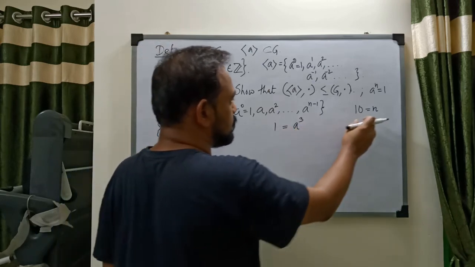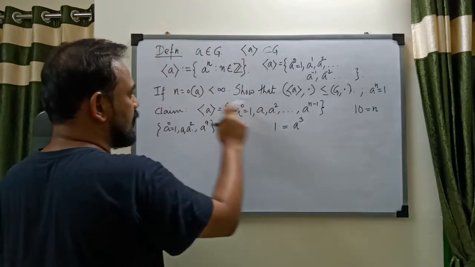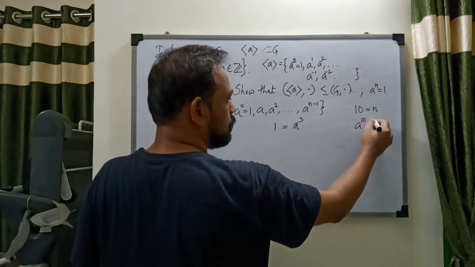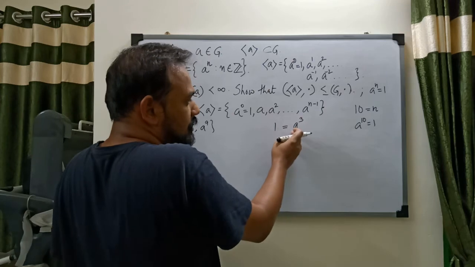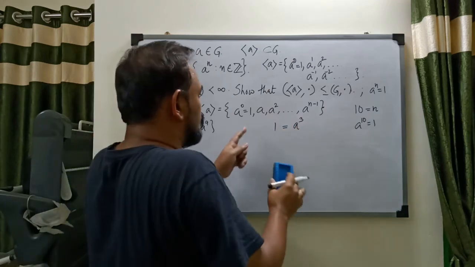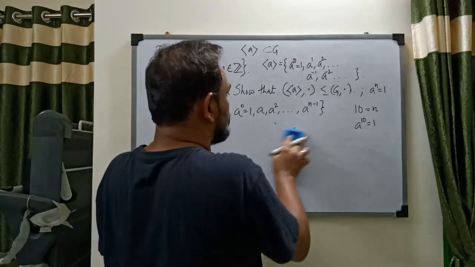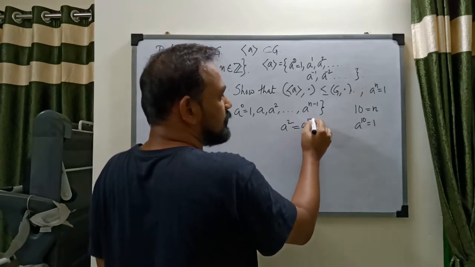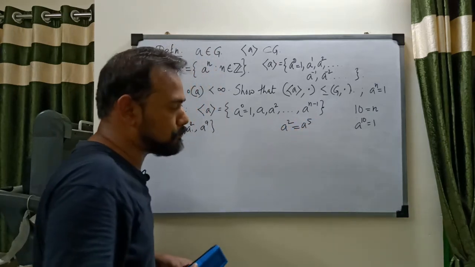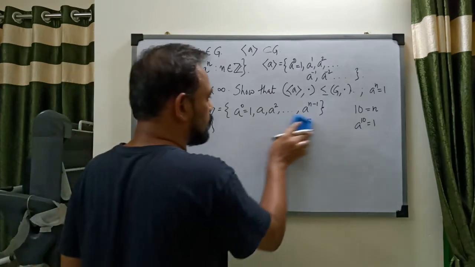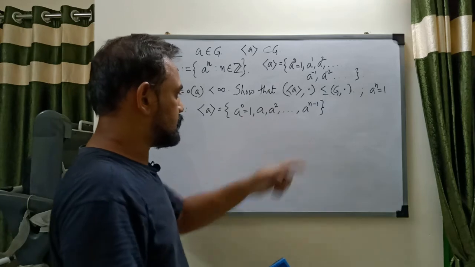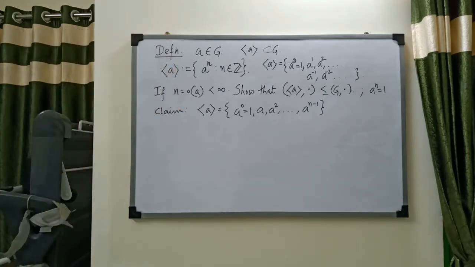But that's not possible because the order of a is 10. So this should be the minimum integer which gives me 1, but here I have 3 giving me 1, which is not possible. So saying that a square can be equal to a^5 is not possible because it gives me something absurd. So in general, these are all distinct.